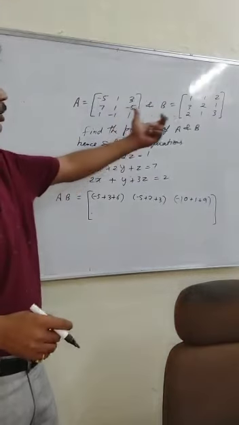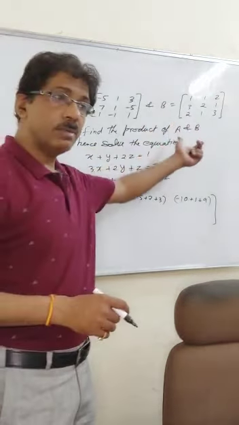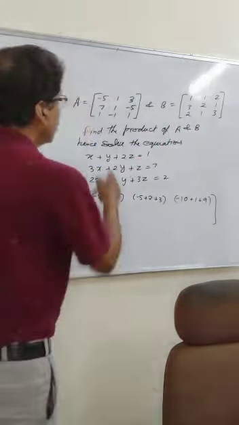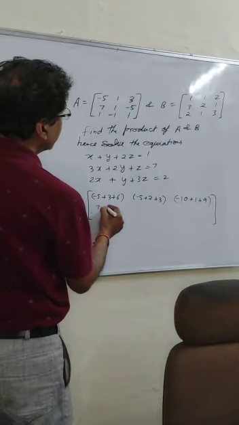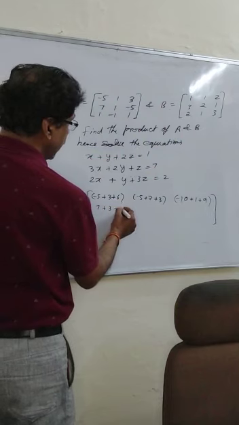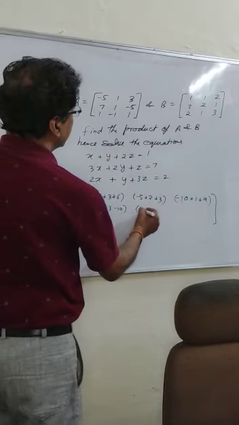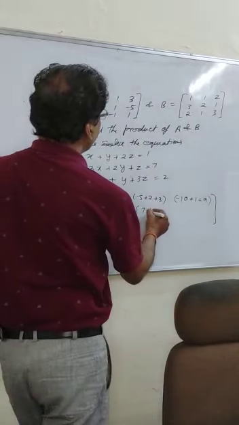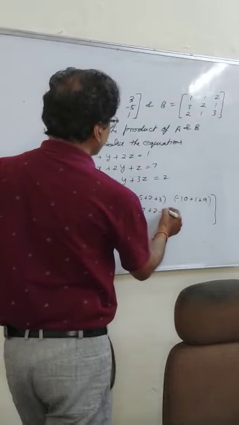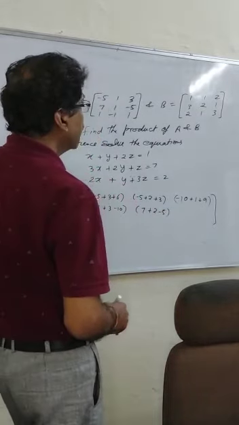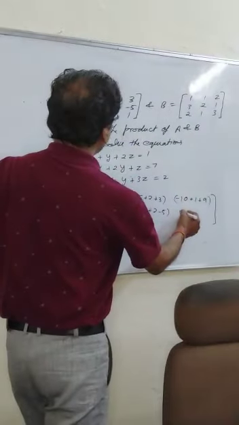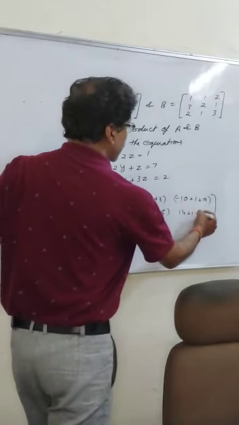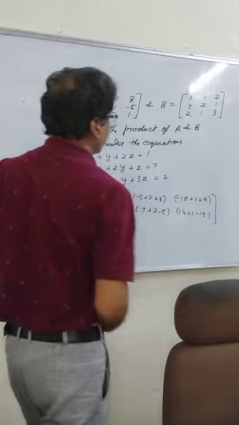Now there are no more columns, so we go to the next row. Second row, first column is 7 plus 3 minus 10. Then we have 7 plus 2 minus 5. And second row with third column, 14 plus 1 minus 15.